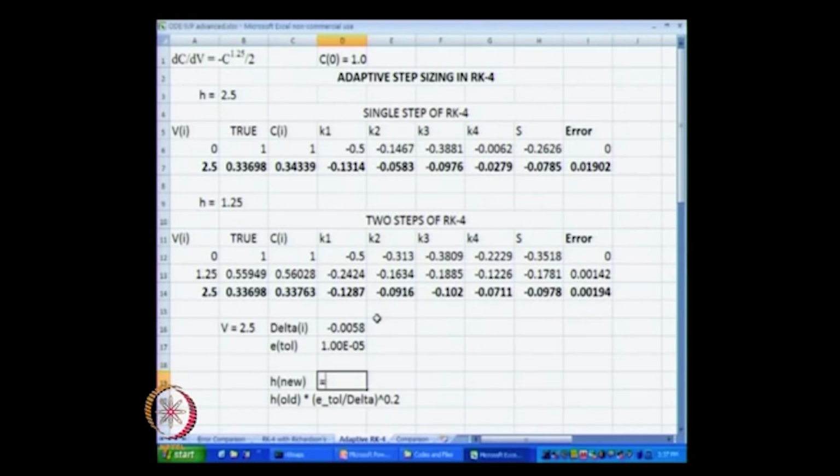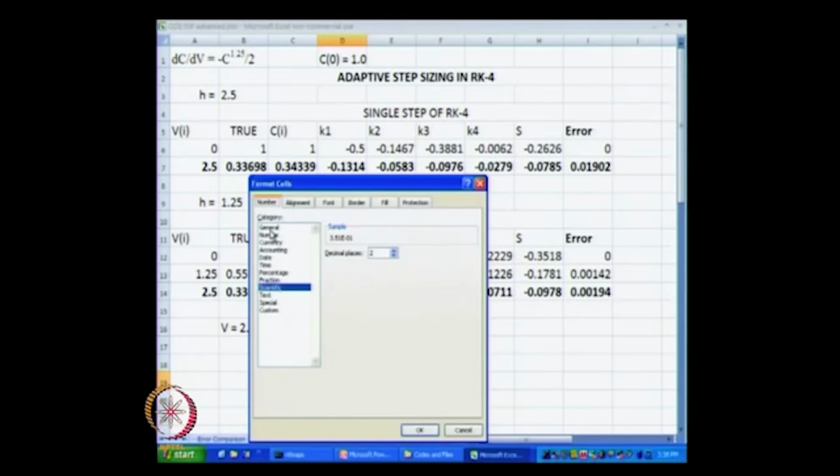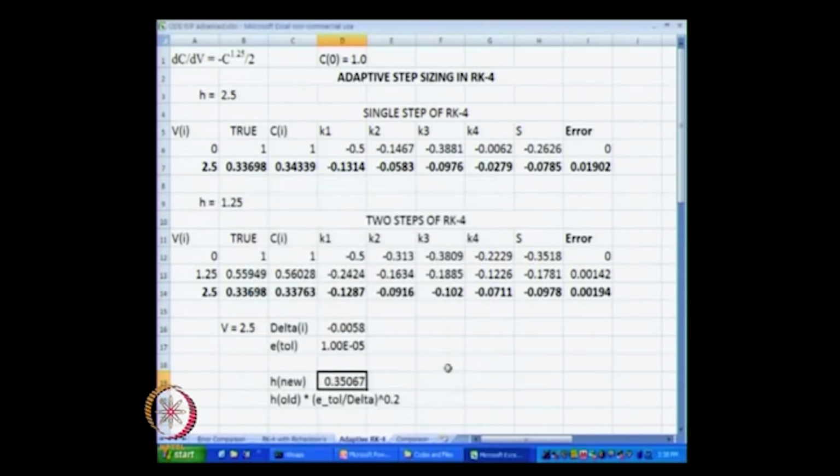So, h new is going to be equal to h old, which is 1.25, multiplied by ABS, absolute value of epsilon tolerance divided by delta, to the power 0.2. Okay. So, the h new that we get is going to be 0.35.